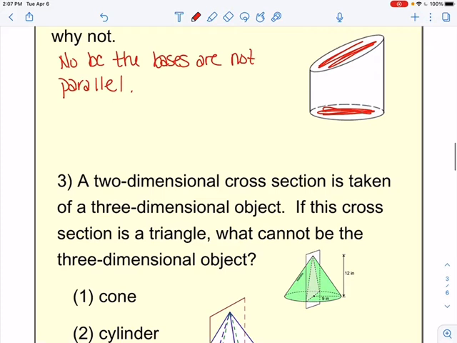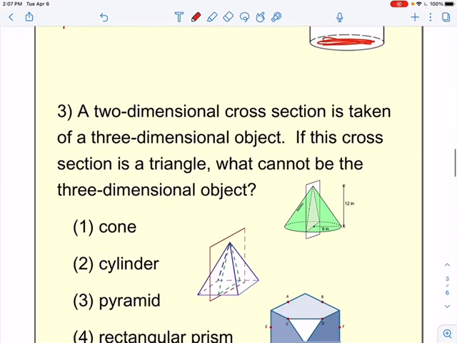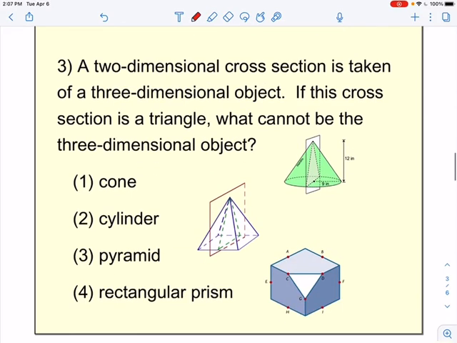Okay, a two-dimensional cross-section is taken of a three-dimensional object. If the cross-section is a triangle, what cannot be the three-dimensional object? And again, I apologize because I converted a Smart Notebook lesson to a PDF, so the answers are sort of staring at you right now. So for number 1, let's talk about the cone, which is over here in green that I just put the red asterisk next to.